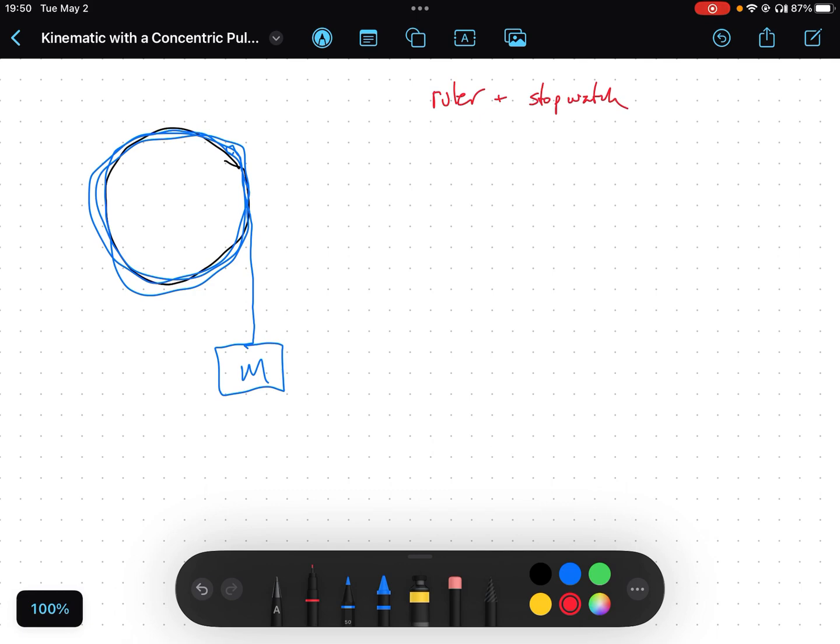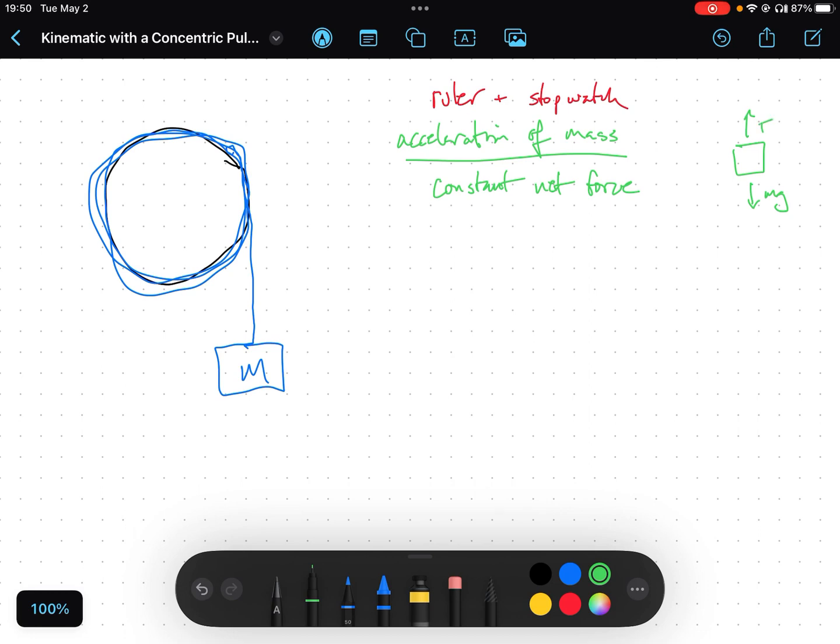The first quantity that I asked you to find was the acceleration of the mass. And so to do that, you had to know that there was going to be a constant net force, and that's the case because it's only experiencing two forces: the force of gravity pulling it down, and the tension in the string pulling it up.